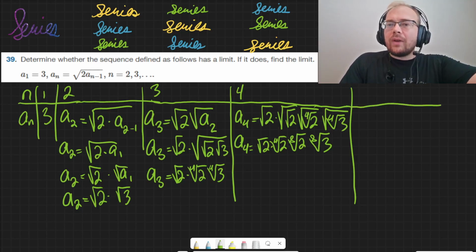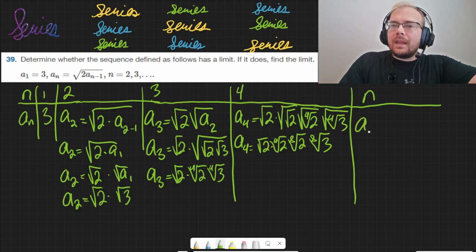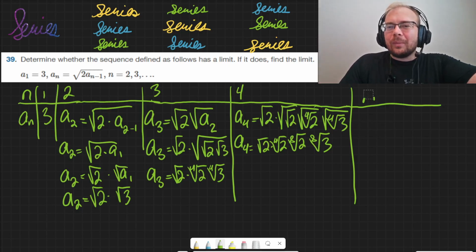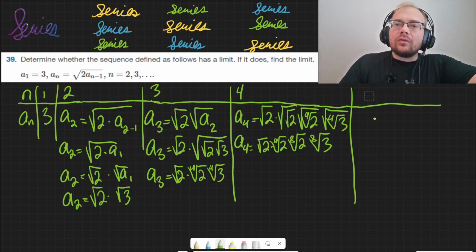We could write this for some arbitrary n value as a sub n would be equal to, or actually, you know what? Why am I saying recursively? We already have the recursive formula. Oh, but we could rewrite it explicitly though. Yeah, let's actually do that.